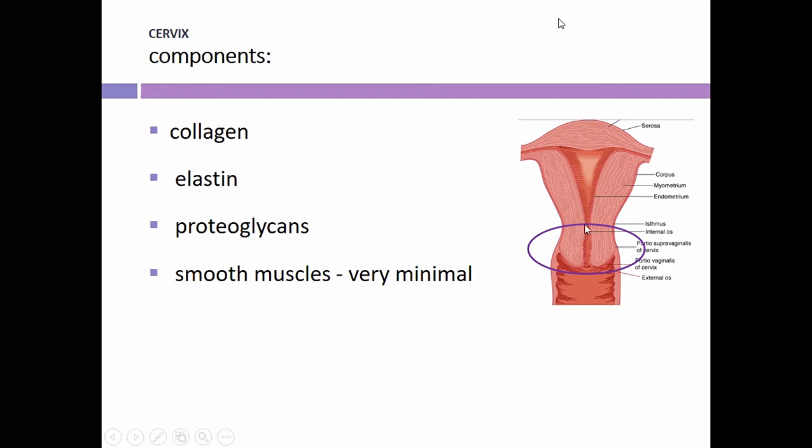Just imagine we were inside the uterus then. We started from here. So the cervix is made of collagen because it makes the uterus unyielding. So it can hold the pregnancy for up to 9 months under normal circumstances.